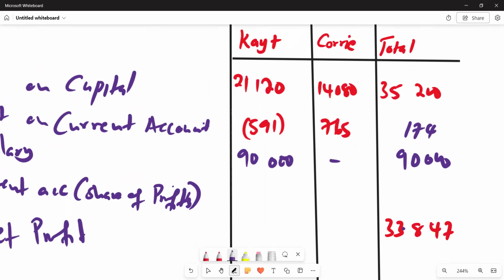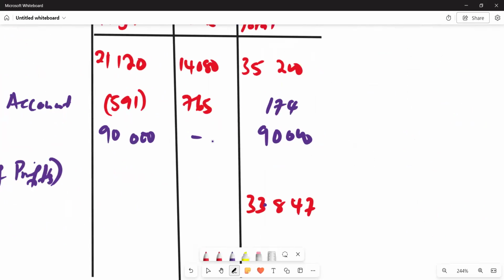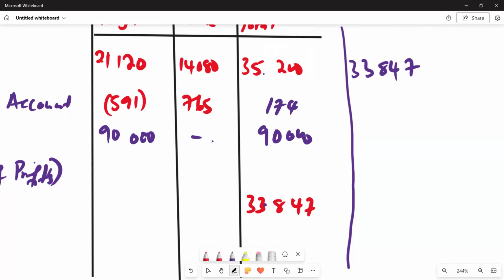So we are going to start with 33,847. Let's just put our calculation down here. We are saying 33,847 is our net profit. All the ones that are indicated as positives, we are supposed to subtract them.